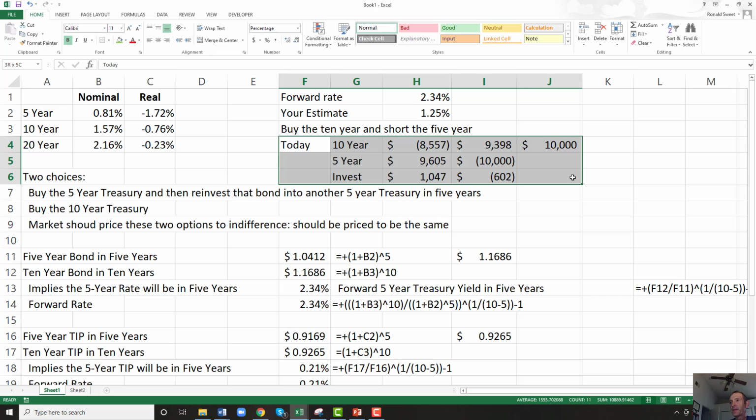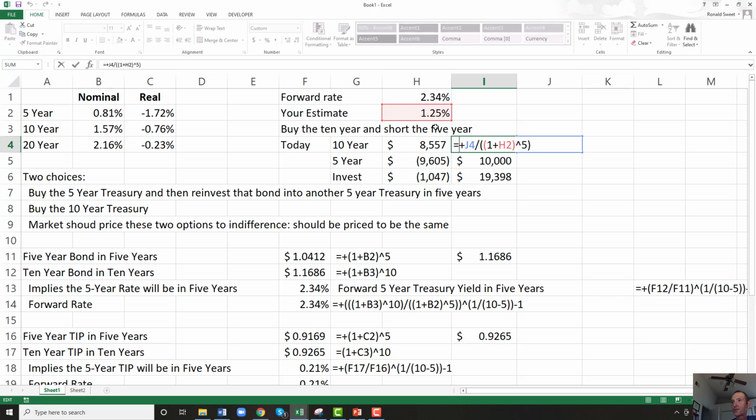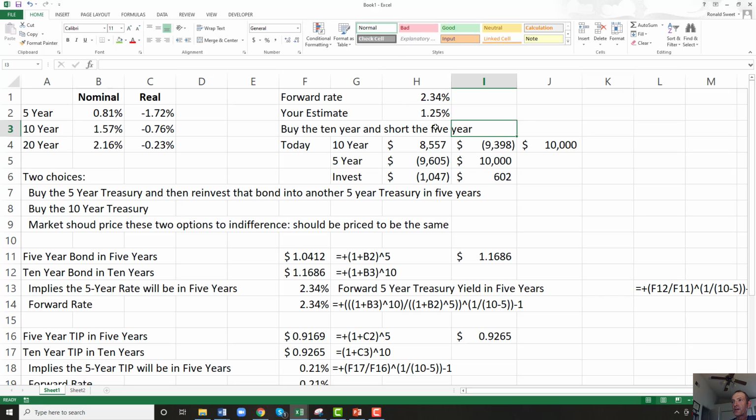I just want to show you, and it's easier to do it with zero coupons. If you buy the 10-year and short the 5-year, at maturity you have to pay the $10,000 on the 5-year, but you sell the 10-year, then you have a really good investment if you think the 5-year rate will be much lower than it is today.